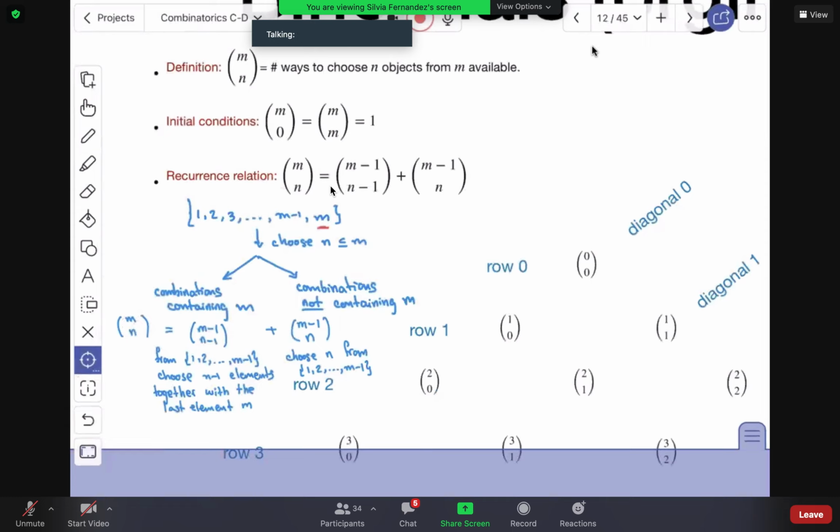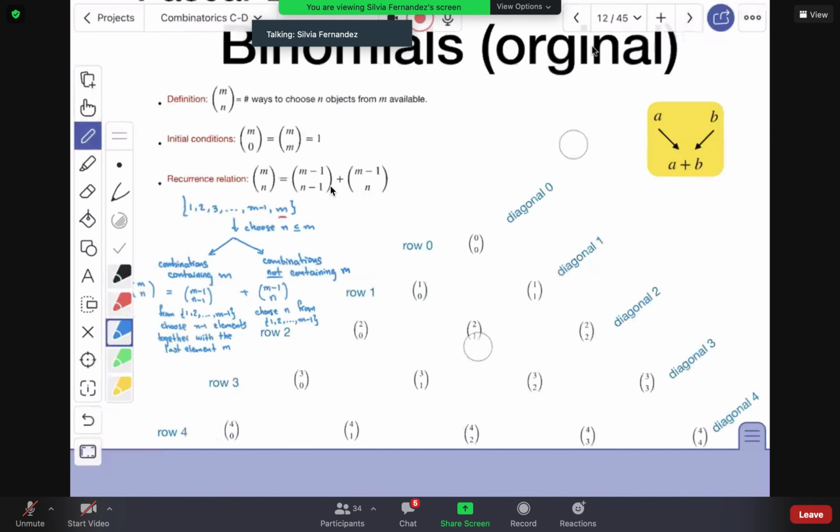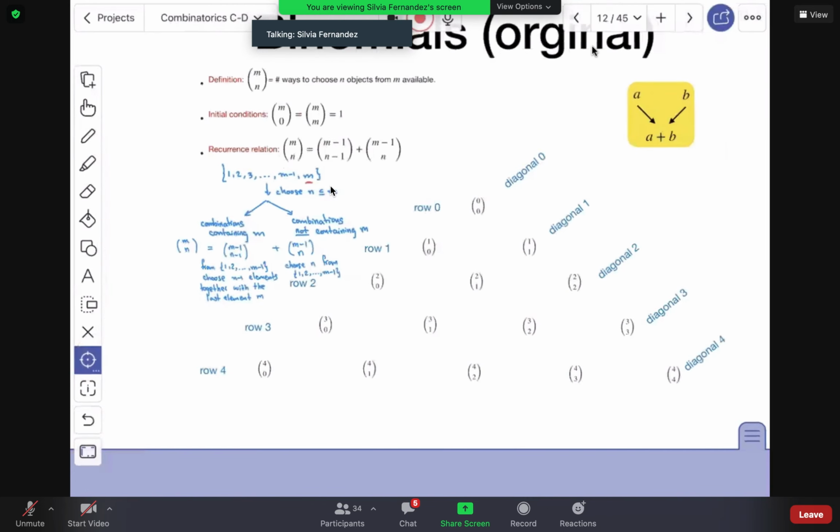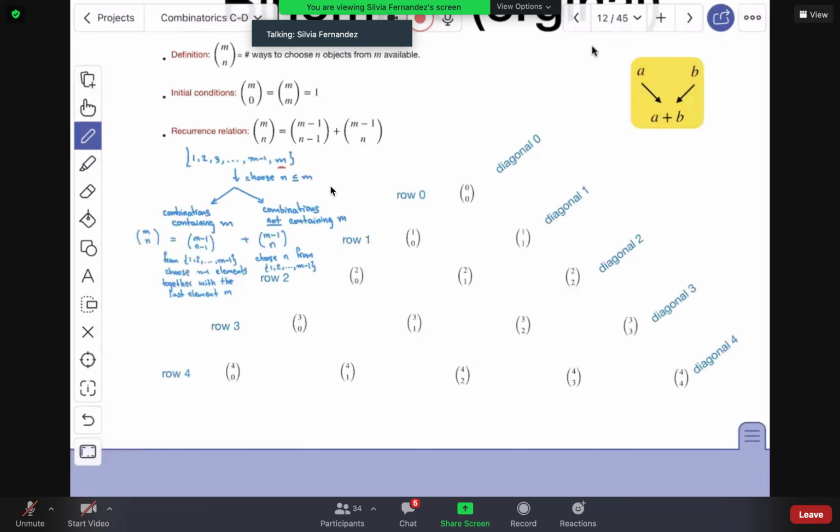And so we can do something like this for the T numbers, for the Stirling numbers, for the partition numbers, and then create our triangles. Each of those recurrence relations will give you a rule. So this is the rule for the binomials, the usual Pascal triangle, right? Because of the initial conditions, you know that all of these are ones.